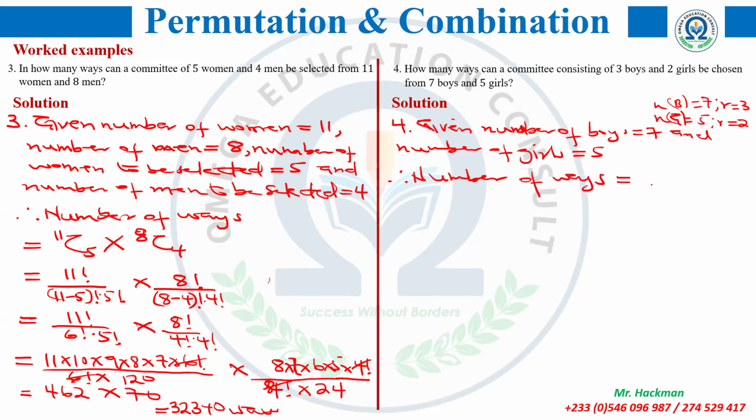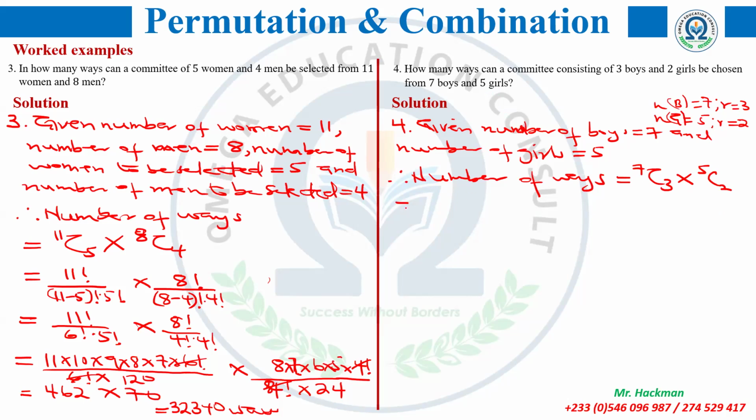Now I will select boys from boys and girls from girls. So I'm going to get, we said 3 boys out of a total of 7. So it will be 7 combination 3. Then and, how many? 5 girls, we are going to select 2 from them. So you get 5 combination 2. And you can use this information as well.